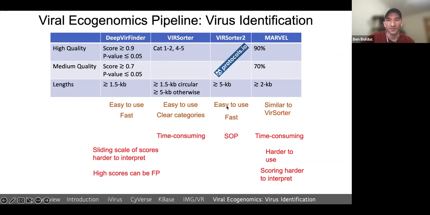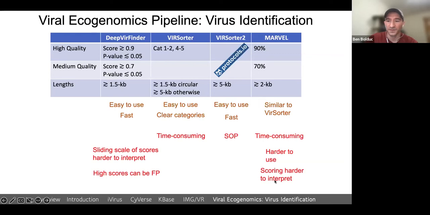VirSorter 1 and 2 are really easy to use. Deep Virofinder is very easy to use. Virofinder and VirSorter 2 are very fast versus the original VirSorter 1. VirSorter 1 and Marvel, because of how their algorithms are designed and how they function, are pretty time consuming. They're also a little harder to use because of that.